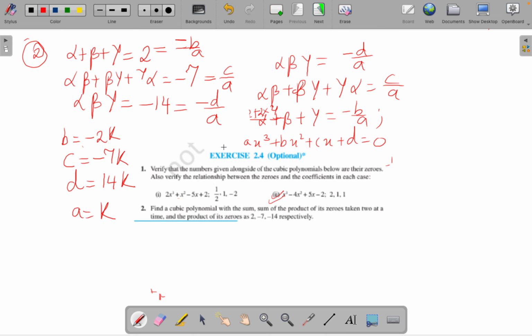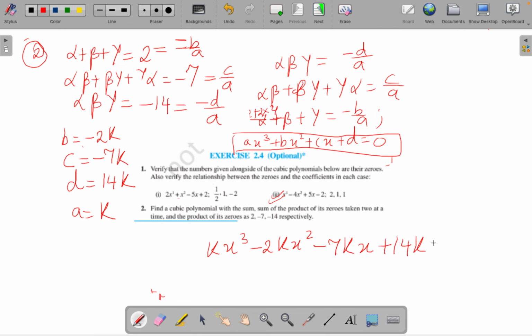So let's put it here in our cubic polynomial. So it is kx cube minus 2kx square minus 7kx plus 14k equals to 0. So this is our cubic equation, and if you don't put it equal to 0, this is your cubic polynomial.